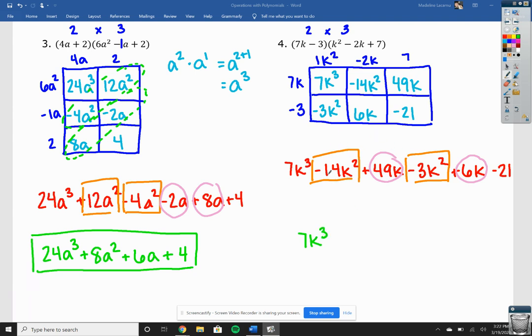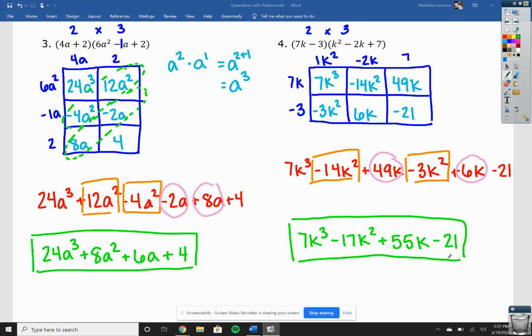Combine the k squared, so negative 14 plus negative 3 is negative 17k squared. 49k and 6k, that's going to give us positive 55k. And then this negative 21 doesn't have any like terms, so minus 21. And that'll be our answer.